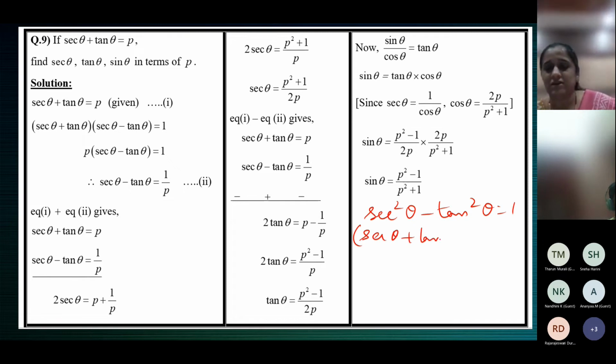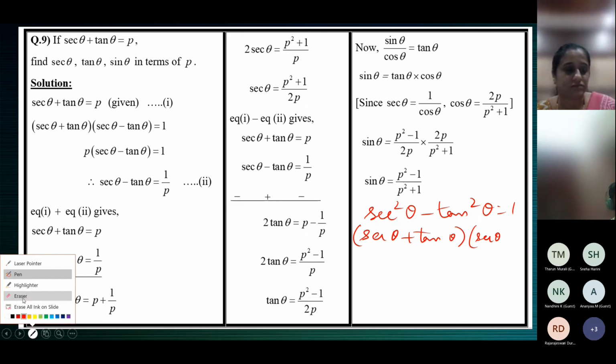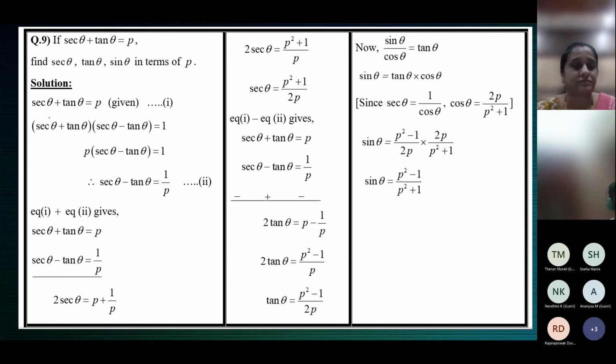So secant theta plus tan theta into secant theta minus tan theta is equal to 1.